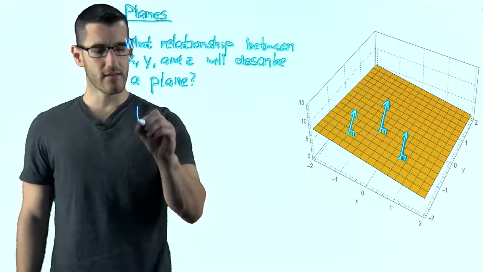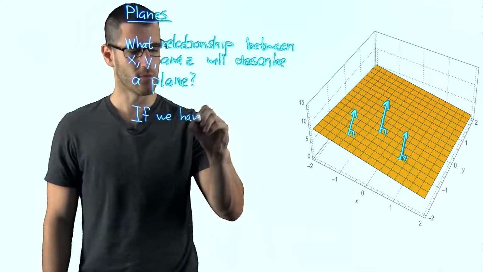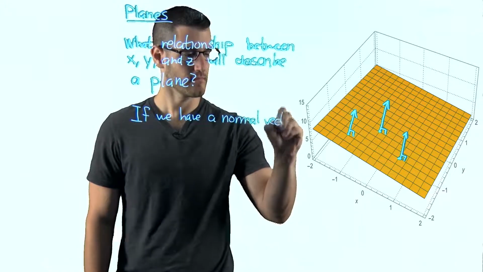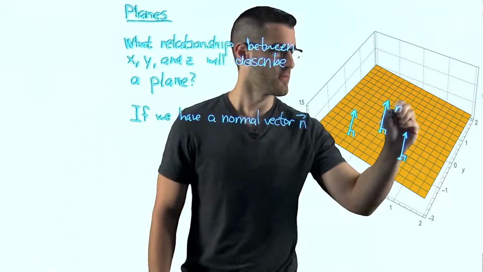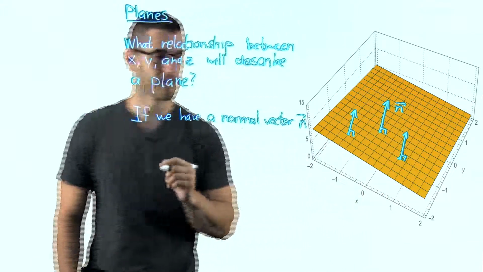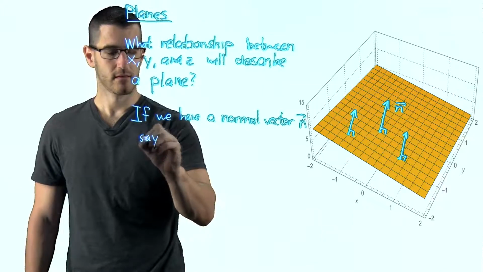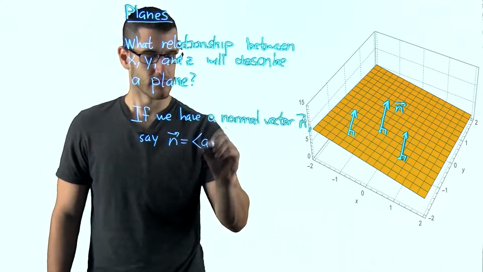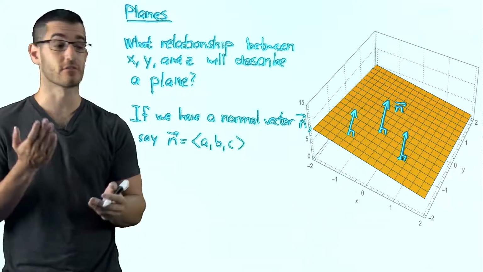So if we have a normal vector, n, so I'll label one of these n, and just to make things better, we'll say that the components of this are a, b, c.